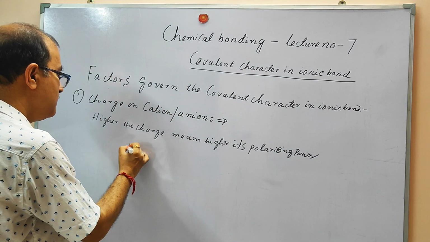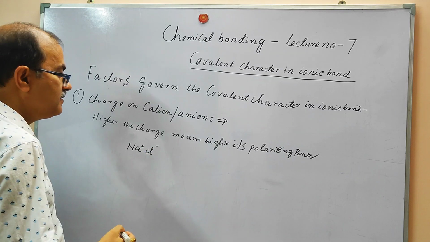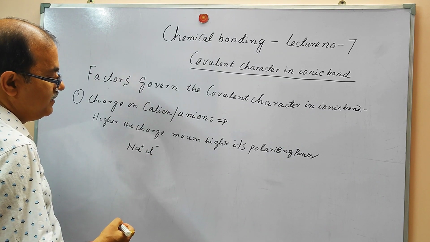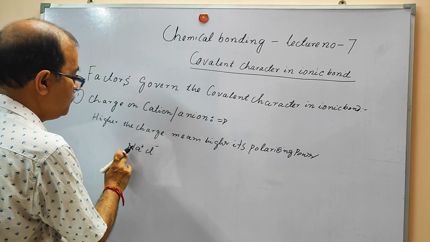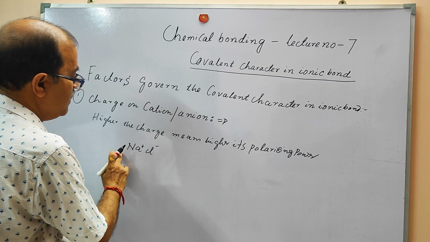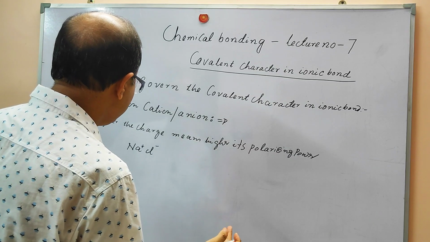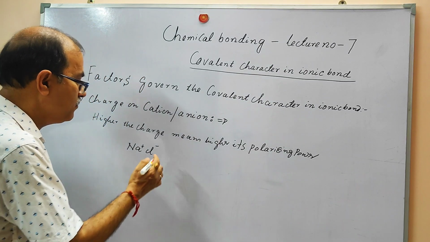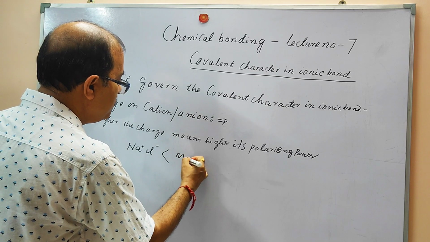So we can see sodium chloride has less covalent character than magnesium chloride. So we can write that it has a higher ionic character than magnesium chloride, but in terms of covalent character it has less than magnesium chloride.